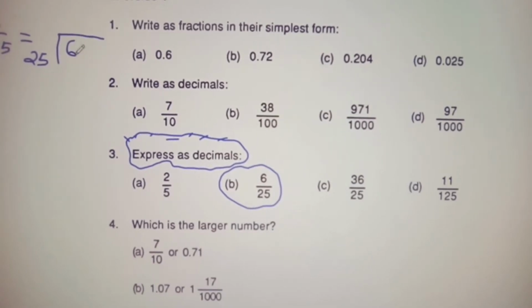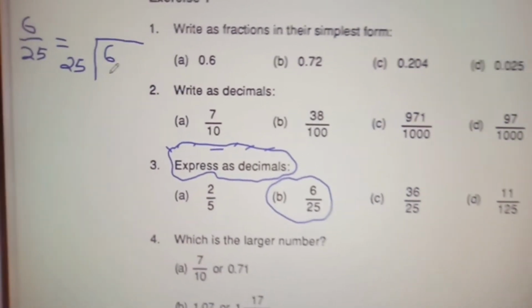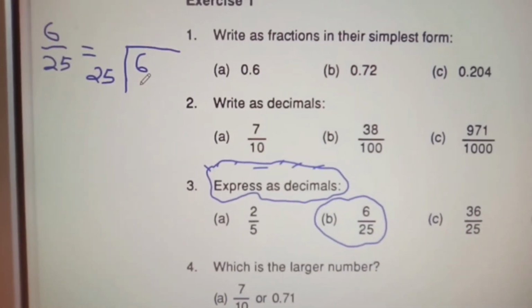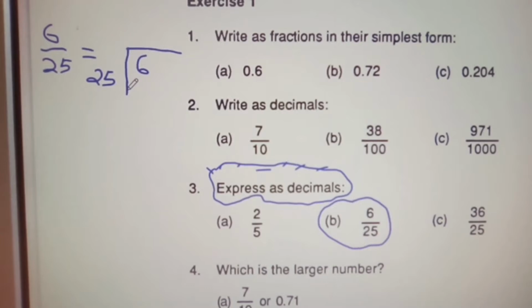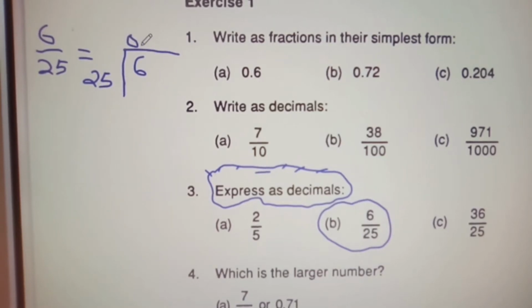So 25 into 6 you can't. It does not go. 0, decimal point.